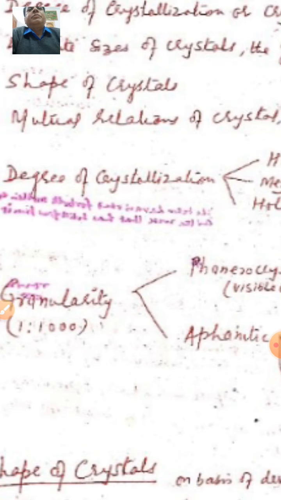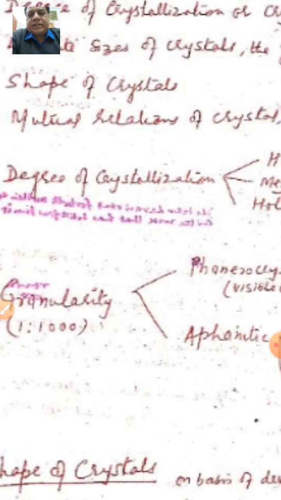In that case, there will be formation of crystals. And just the reverse, if it has high SiO2, generally the granitic rocks, naturally they have high viscosity and there is less chance of formation of crystals, and the holohyaline texture results.